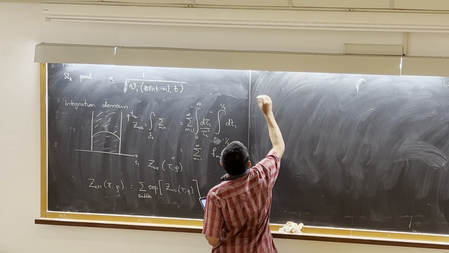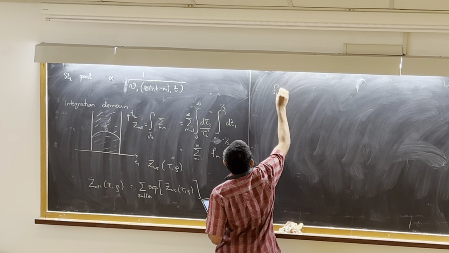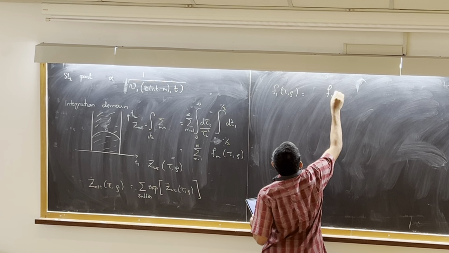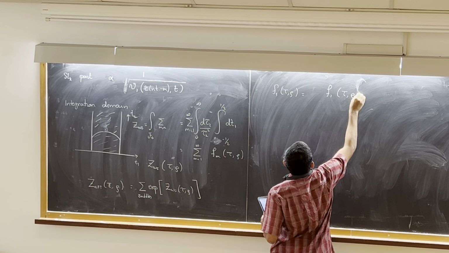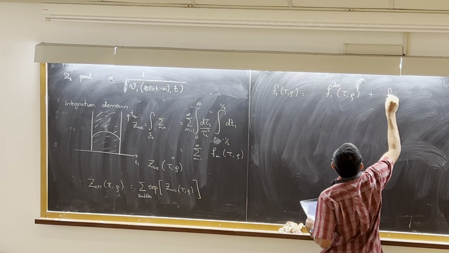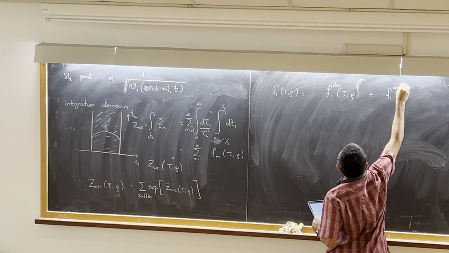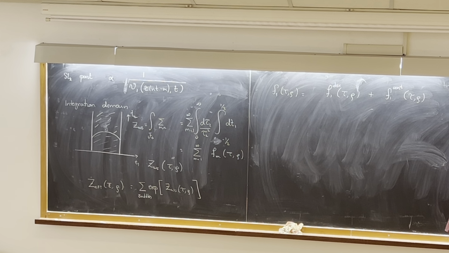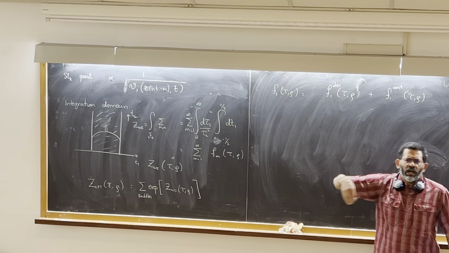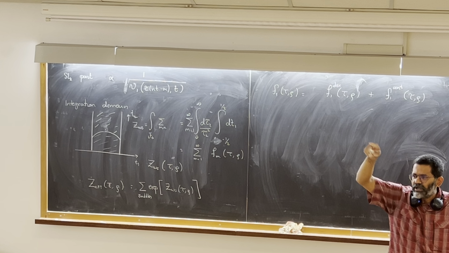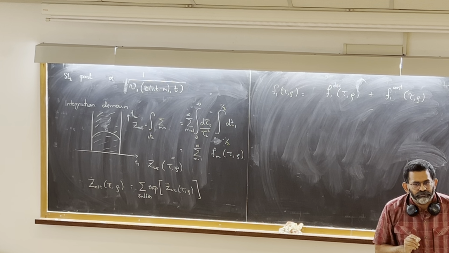So Z worldsheet, so F1 of tau comma rho has two pieces, which I'll give some superscripts, discrete and continuous. So these discrete states are like particles in AdS3, which have definite quantum numbers. They sort of slosh around back and forth. They're like massive particles in AdS3.